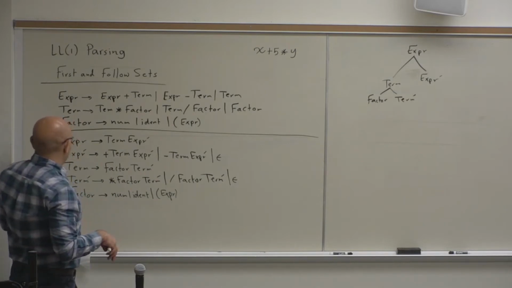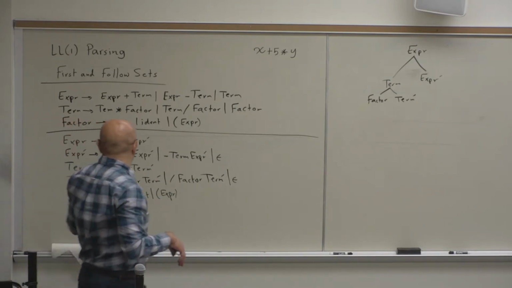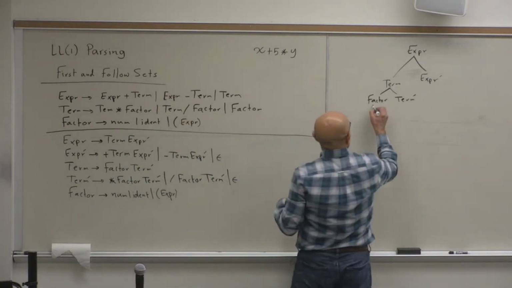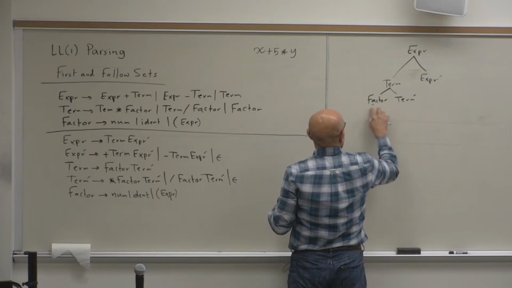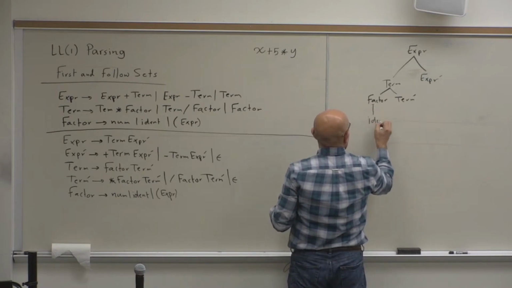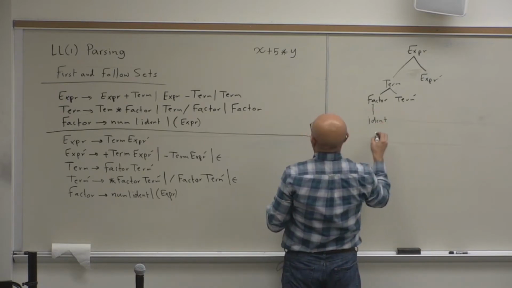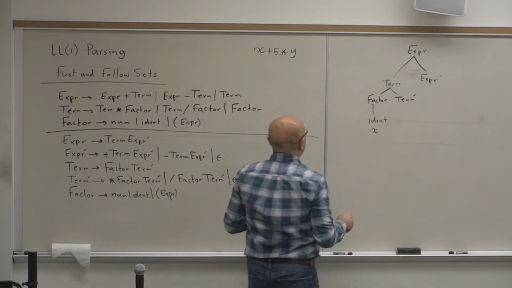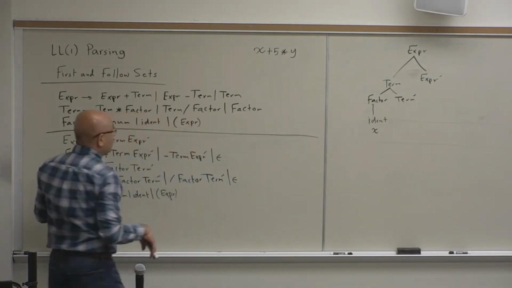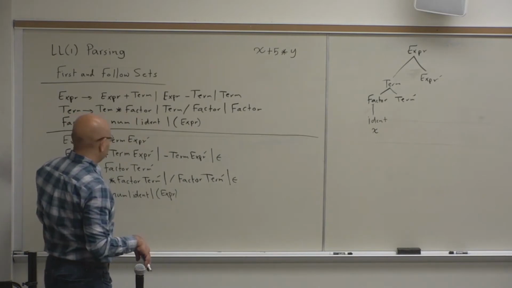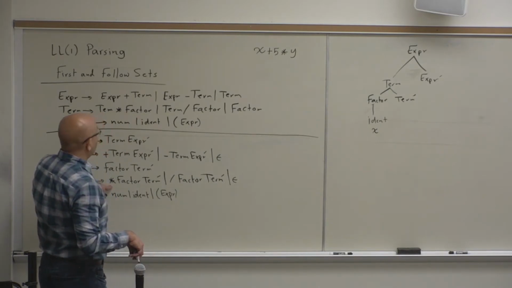And we did factor term prime, and then for factor we did number, we did identifier. And that identifier is the x. Then for term prime, we had multiply, divide.